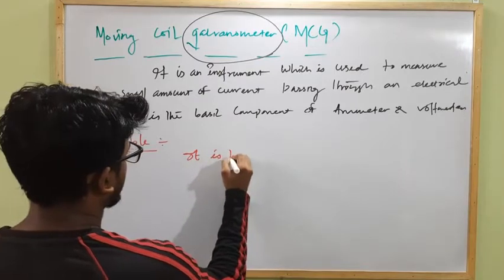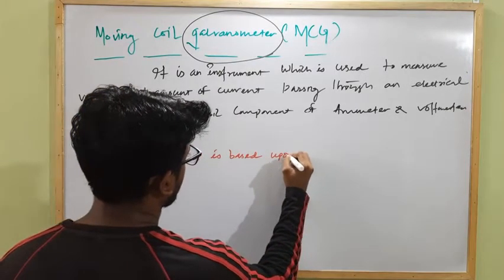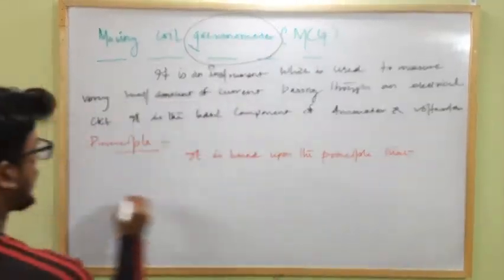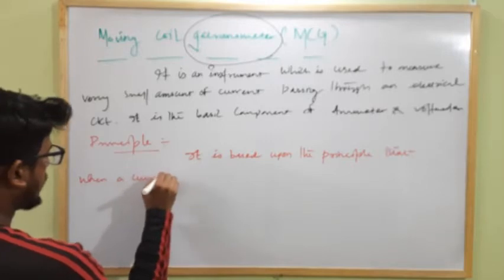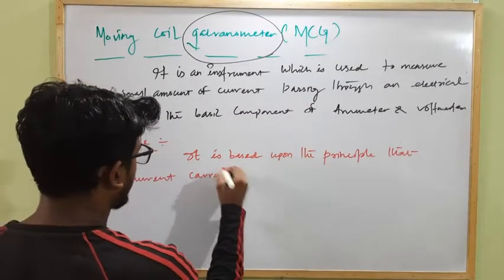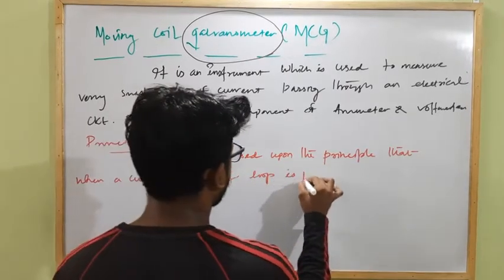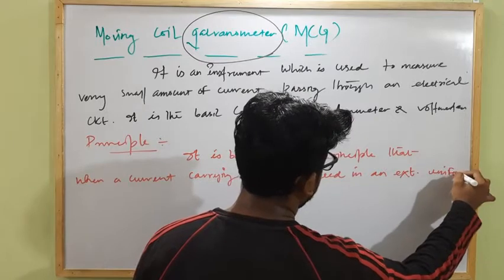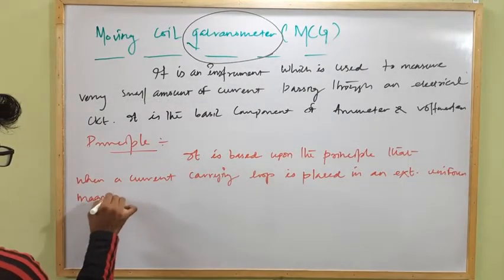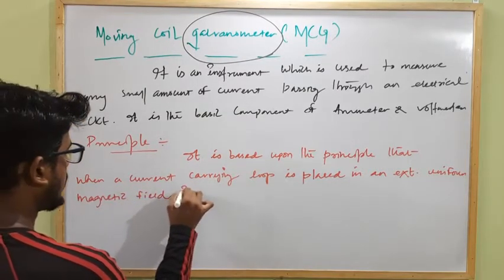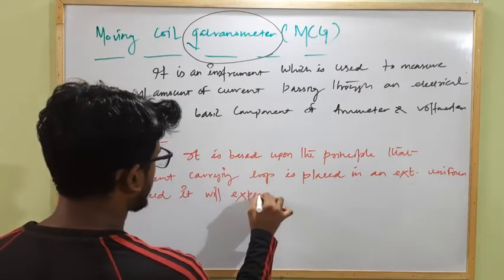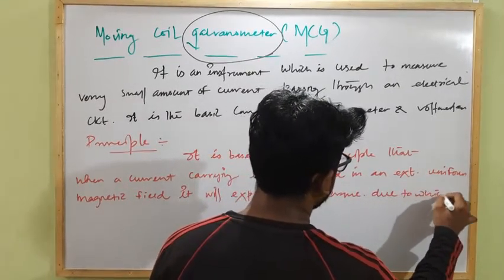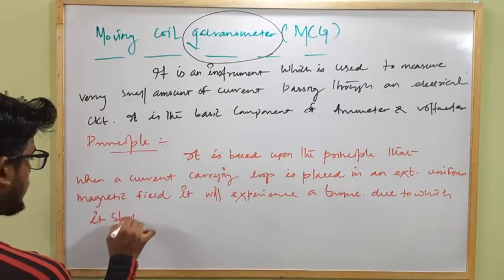What is the principle of the moving coil galvanometer? It is based upon the principle that when a current carrying loop is placed in an external uniform magnetic field, it will experience a torque due to which it starts rotating.